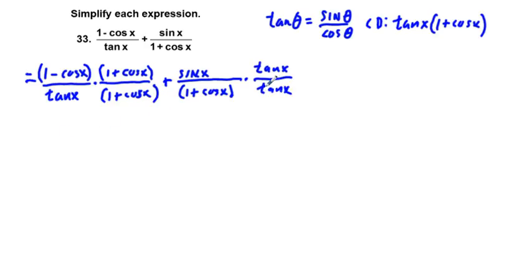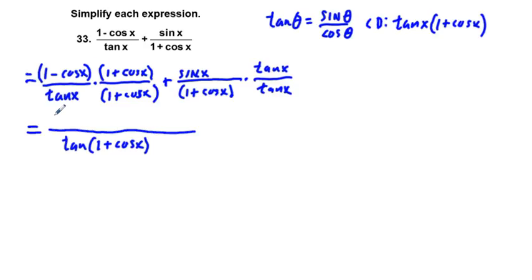And so now we have our common denominator, and I'm going to rewrite that common denominator as tangent x times quantity 1 plus cosine x. And in the numerator, we're going to take this quantity 1 minus cosine x times quantity 1 plus cosine x, and this is a difference of squares.